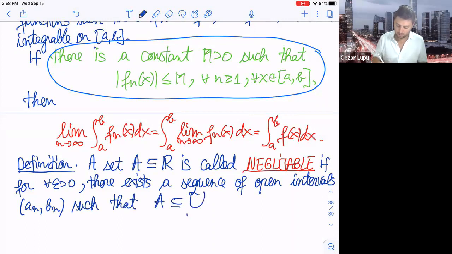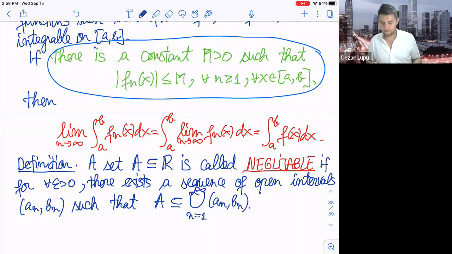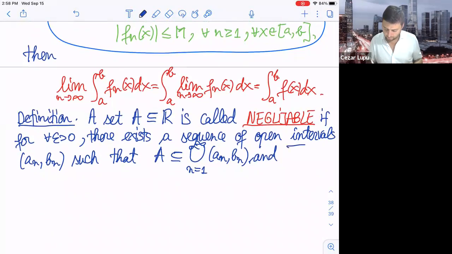So A is contained in the infinite union of these intervals, and the series of their lengths is less than epsilon. Okay, so that's what we call a negligible set.